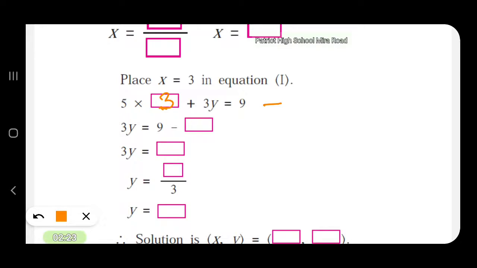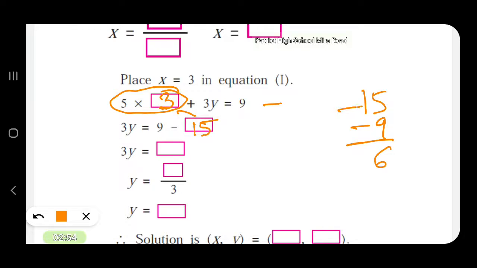Therefore 3y is equal to 9, and this 15, 5 3s are 15, we will write over here. What is the difference between 15 and 9? It is 6. But since 15 has a minus value, we give the minus value to this. So we have minus 15 plus 9 is equal to minus 6.